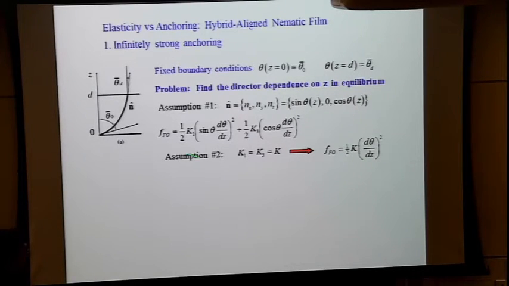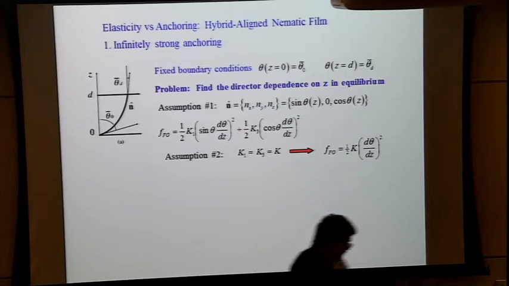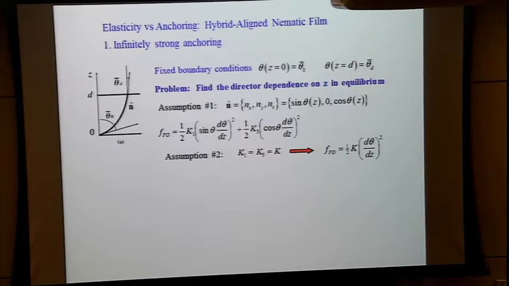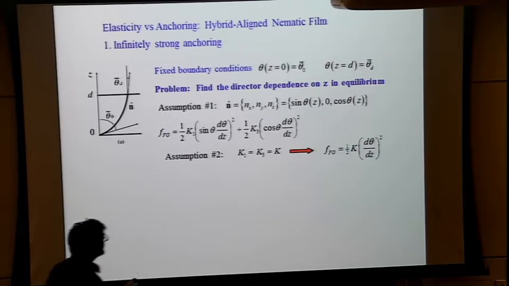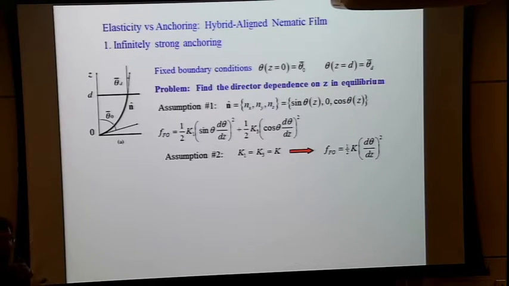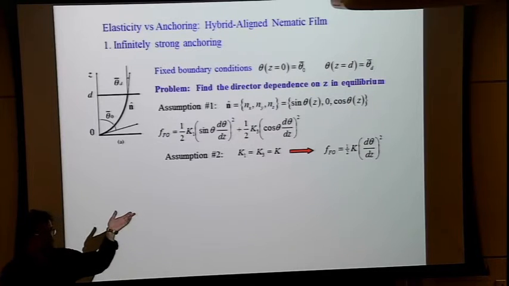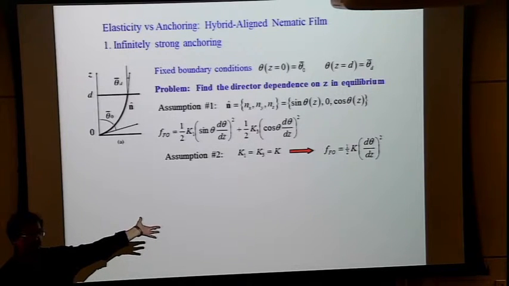Now, the free energy density. You already remember this expression for the free energy density with splay, twist, and bend. So what I'm doing, I'm plugging this in, and I'm calculating what is the density of different deformations for this director field. And how many of you know the expression for the divergence of the vector field?